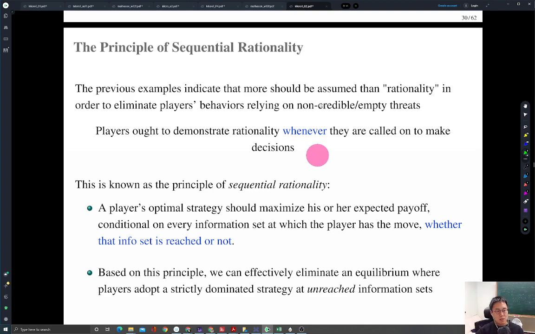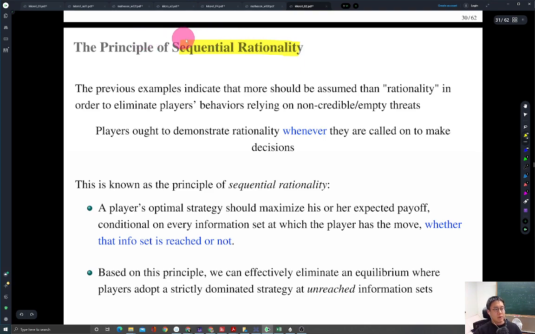Okay? So the previous examples indicate that we have to assume more than rationality itself in order to eliminate the player's behavior based on empty threats. Okay? So that brings us the idea of sequential rationality.